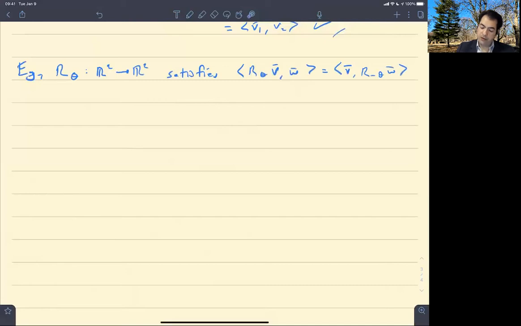The inner product of V rotated by theta with W is the same as the inner product of V with W rotated by minus theta.